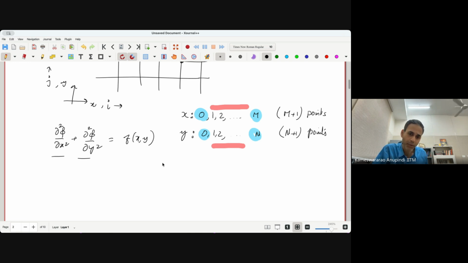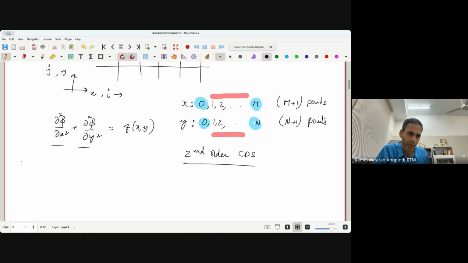Let us approximate this using the second order central difference scheme. We know that for the derivative of, say, partial square u by partial x square, this is equal to u i plus 1 minus 2 u i plus u i minus 1 divided by delta x square.